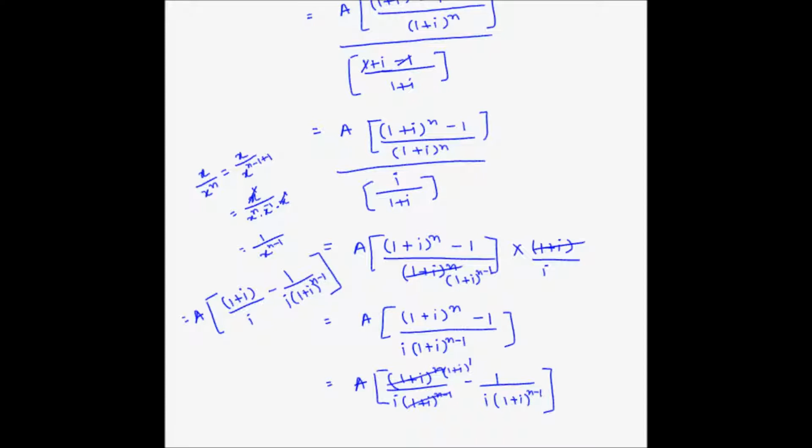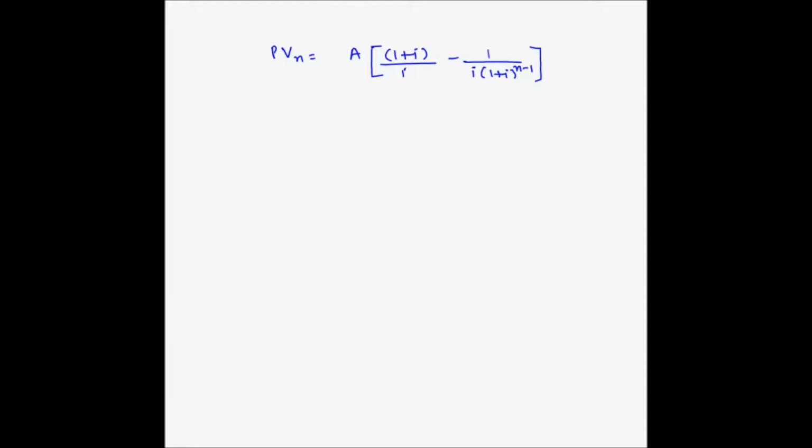Now let's take this one even further. So this is the equation we got in the previous step. Now here let's take this portion, which is 1 divided by I into 1 plus I to the power n minus 1.